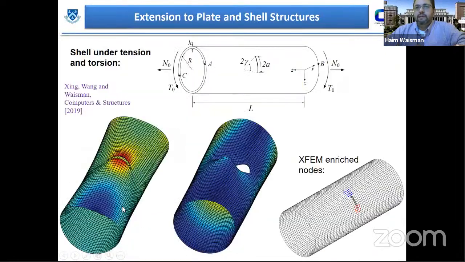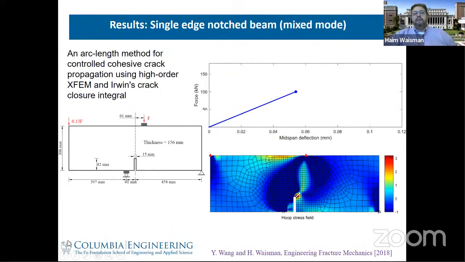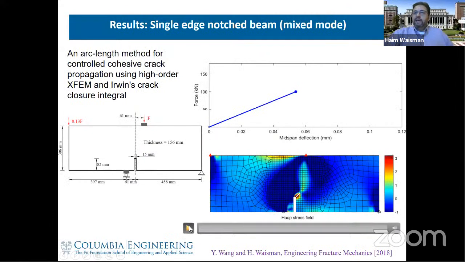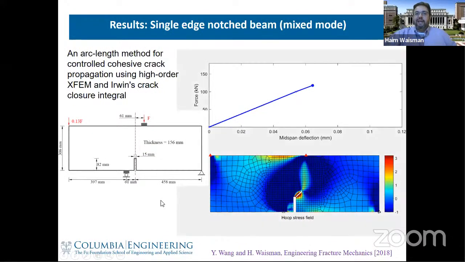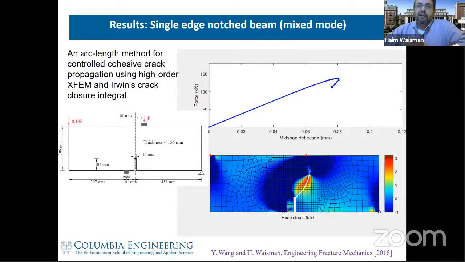Yeah, I think this is the snapback, right? It turns out there are many problems in mechanics which have a snapback behavior. Sometimes you'll have snap through instabilities, sometimes you'll have snapback instabilities. In the case of fracture, this type of behavior is very common.